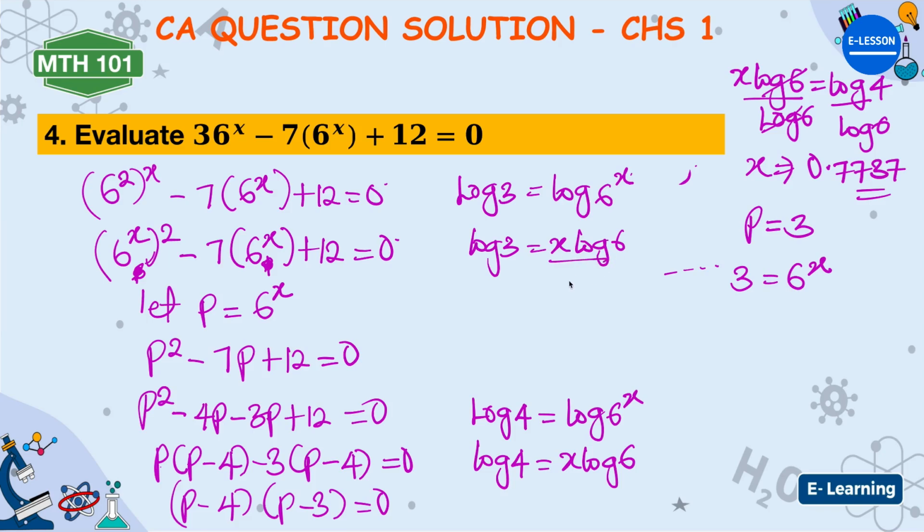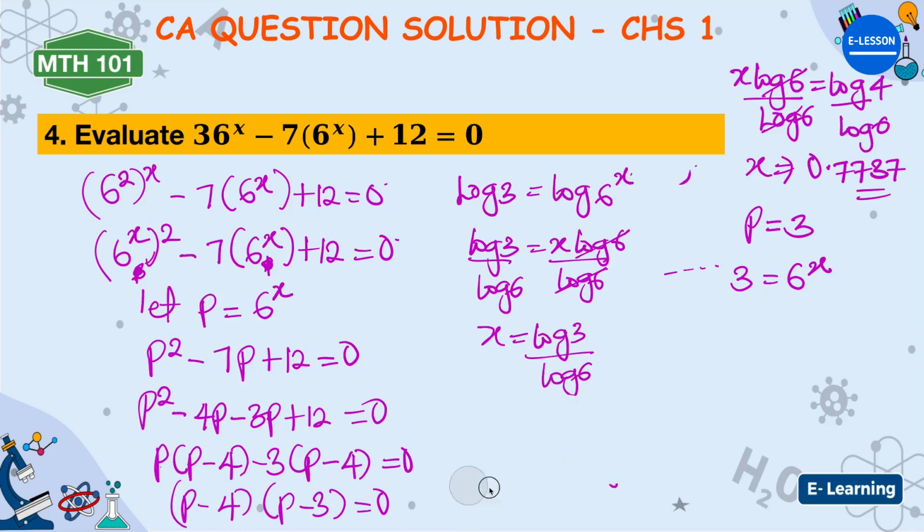So to get our x, divide both sides by log 6. This cancels this. x will be log 3 divided by log 6. So punch this in your calculator. In place of this log 4, just change it to log 3.